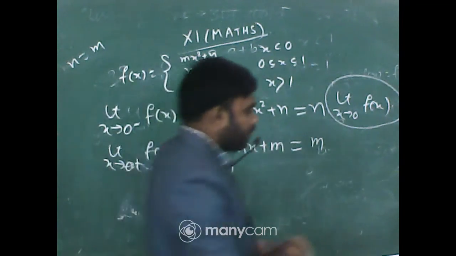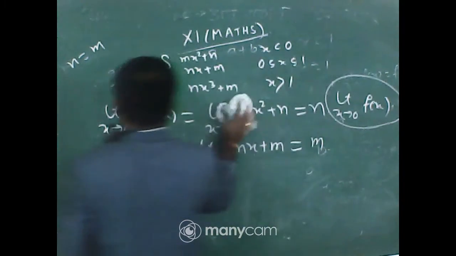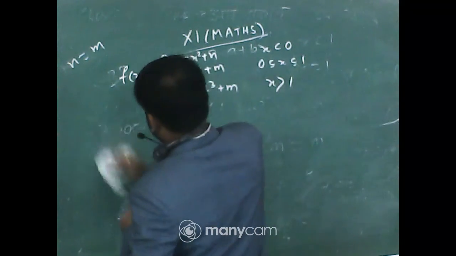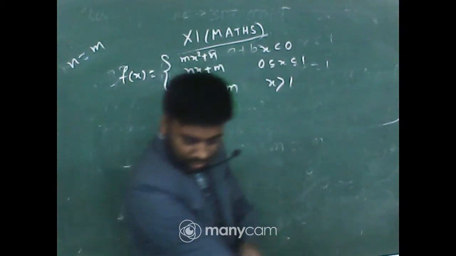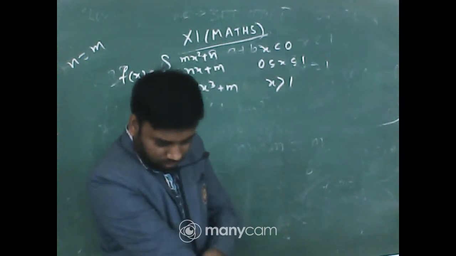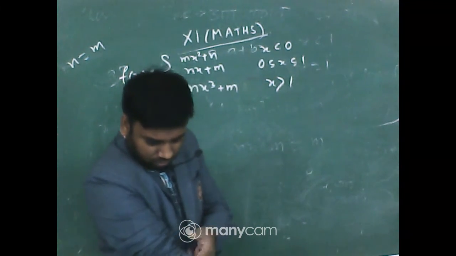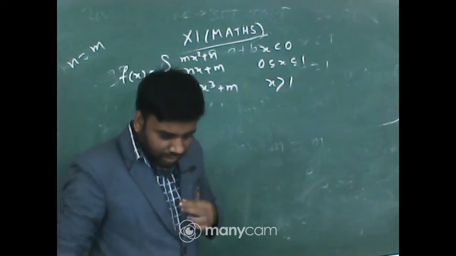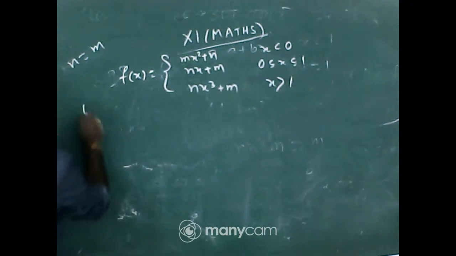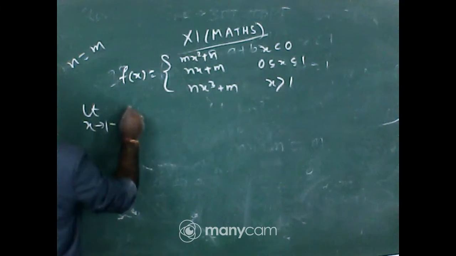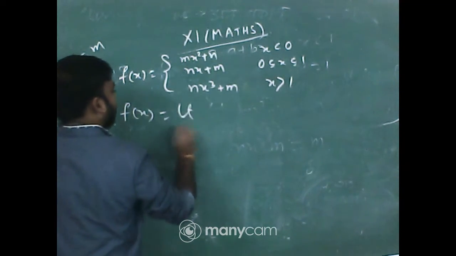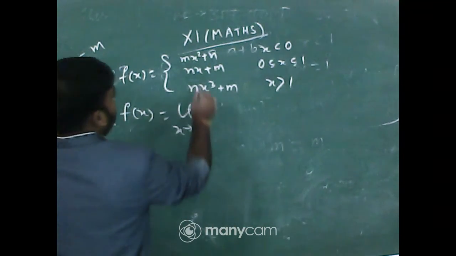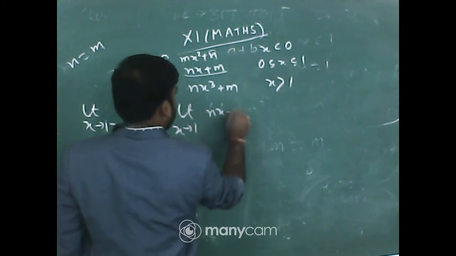Now the next part. Limit x tends to 1 minus fx equals limit x tends to 1 minus, so you have to take nx plus m.